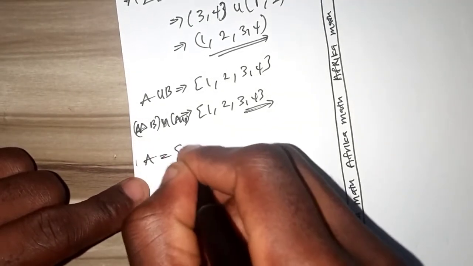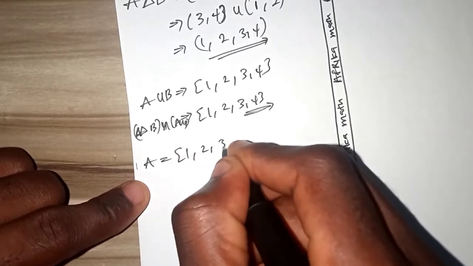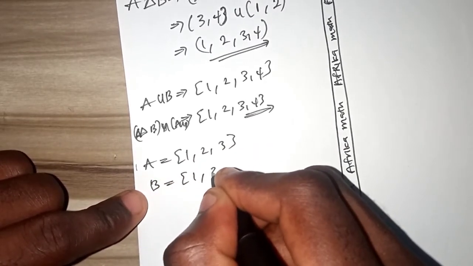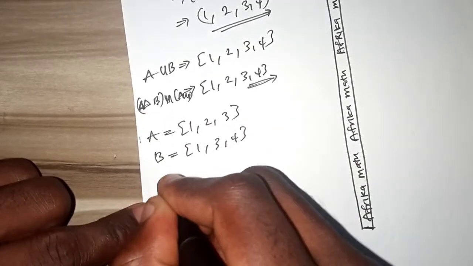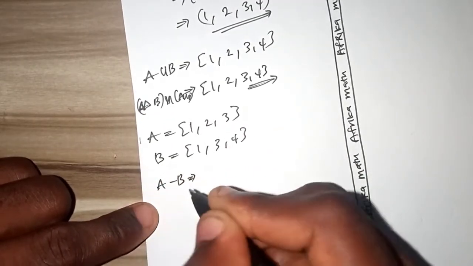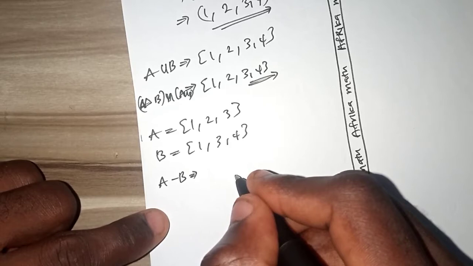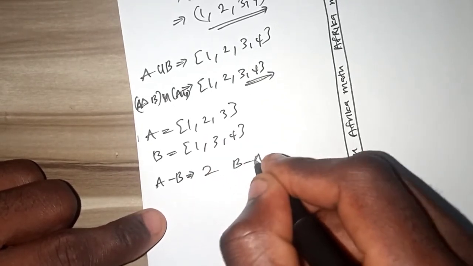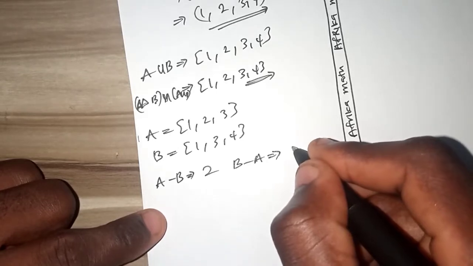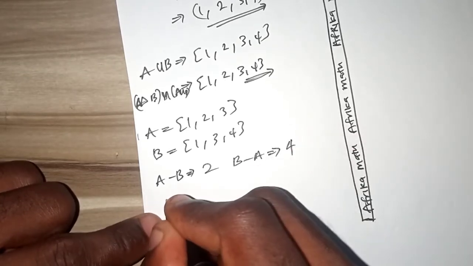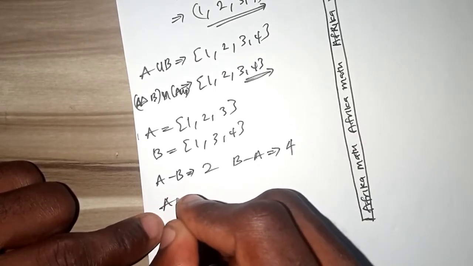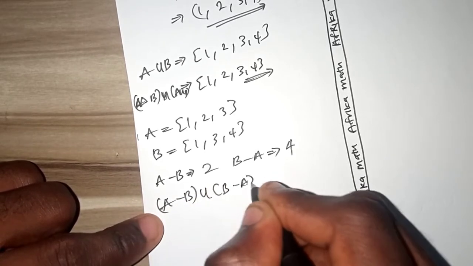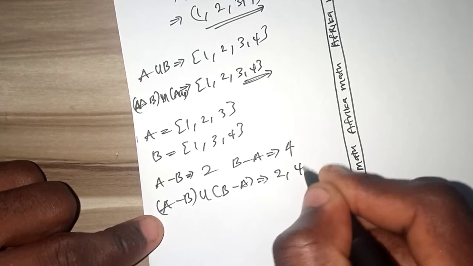Let A be 1, 2, 3, and let B be 1, 3, 4. What is A minus B? That will give us 2. B minus A will give us 4. Then A symmetric difference B will give us 2, 4, right?